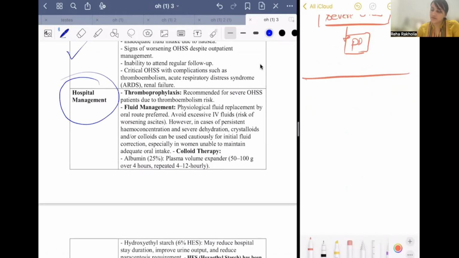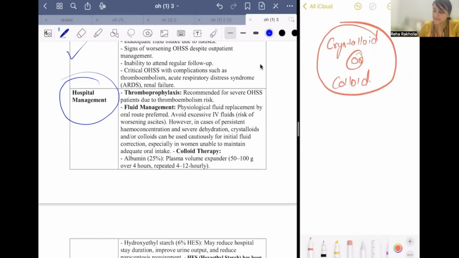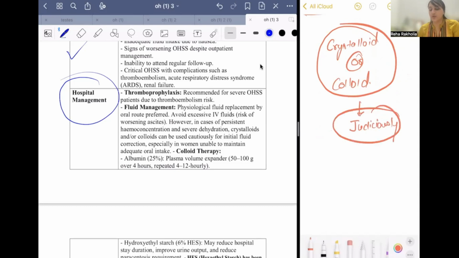Okay. Now, crystalloid or colloid may be used judiciously to address dehydration and hemoconcentration.